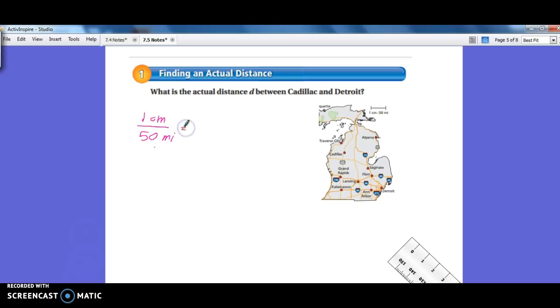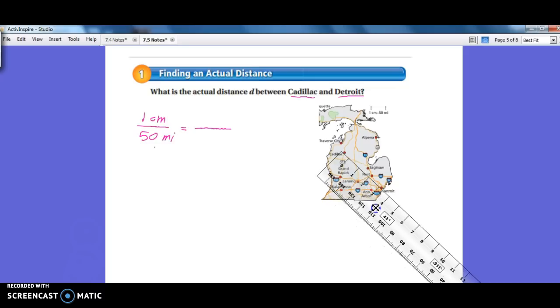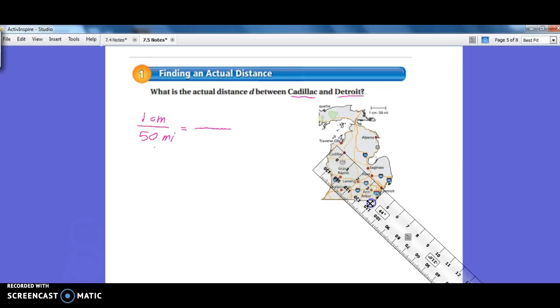And we're going to use a proportion to figure out the actual distance between Cadillac and Detroit. So here's Cadillac, and here's Detroit. Grab a ruler, and let's measure the distance between Cadillac and Detroit. It's supposed to be 3.5 centimeters.